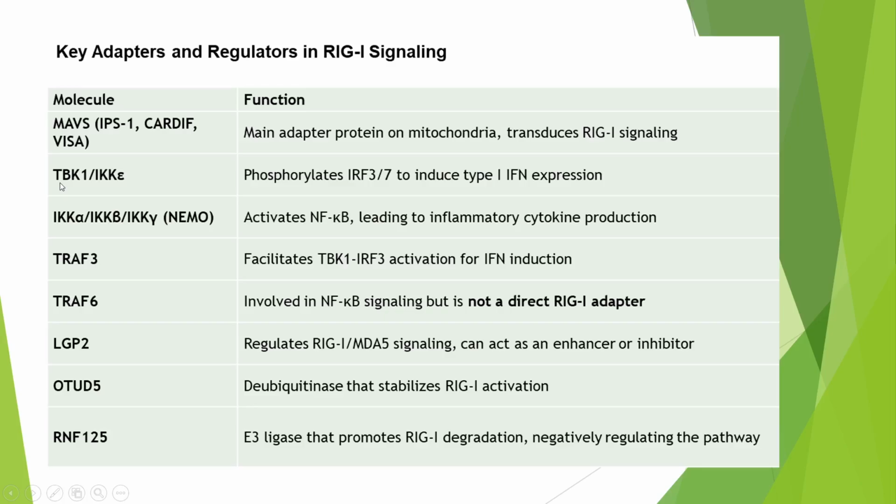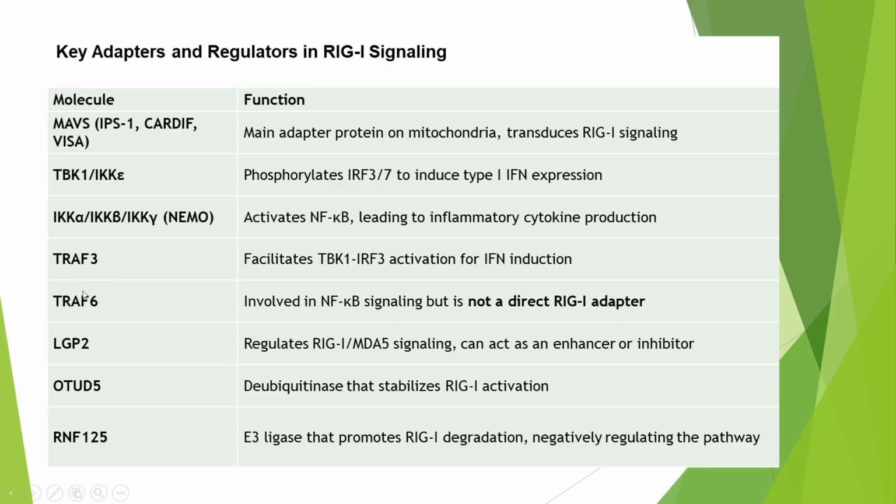Then we also have TBK1 and IKK epsilon. This phosphorylates IRF3 and 7 to induce type 1 interferon expression. And then we have NEMO, that is IKK alpha, IKK beta, IKK gamma. This activates NF kappa B signaling. This leads to production of pro-inflammatory cytokines.